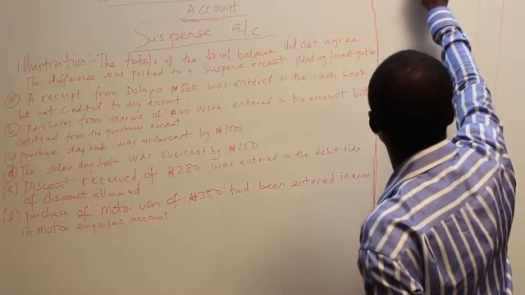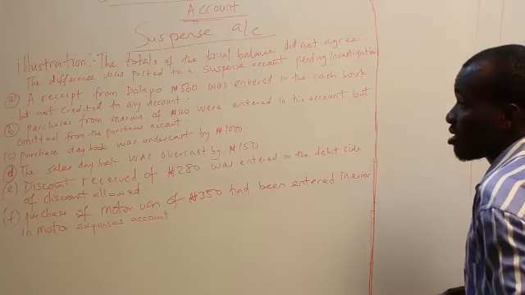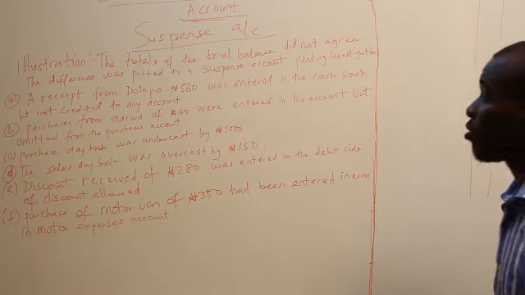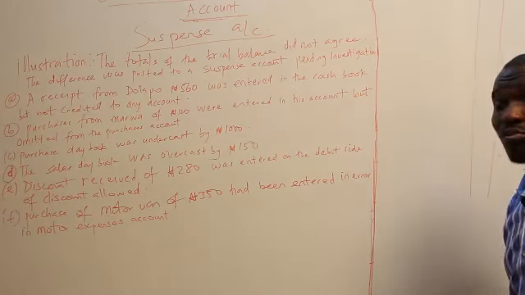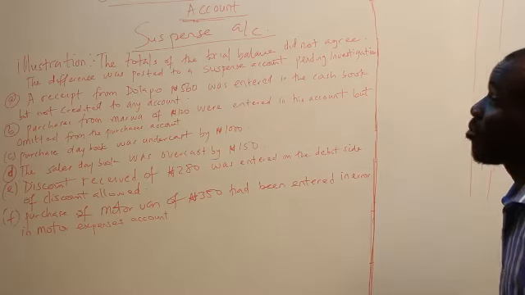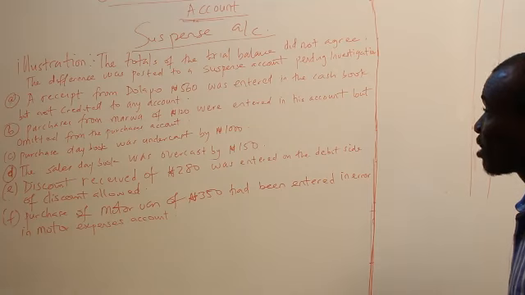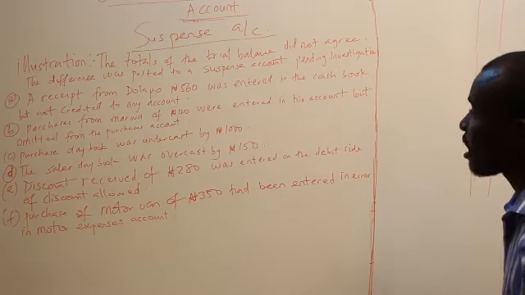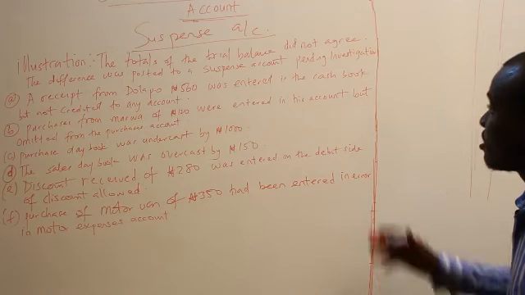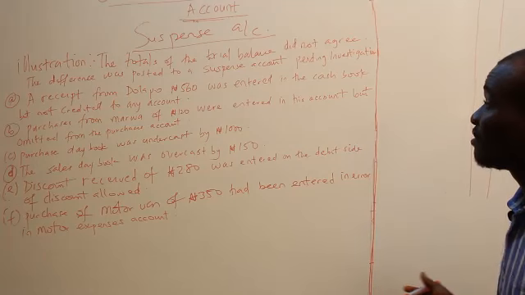So we have the journal. Let's open the journal rather, before opening the suspense account. A receipt from Dolapo, 560, was entered in the cash book but not credited to any account. When there is a receipt from Dolapo, 560, we should have credited Dolapo's account and debited the cash account. But in this case, the cash account has been debited and there's no credit entry to any account.